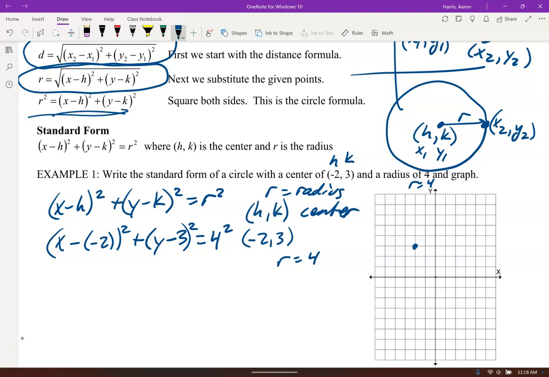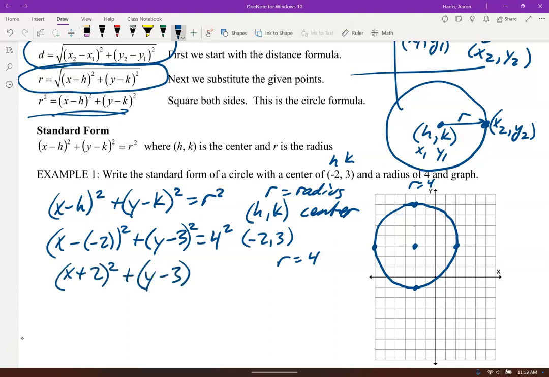So I'm going to go to the right, 1, 2, 3, 4. I'm going to go up from the center, 1, 2, 3, 4. I'm going to go left 4. I'm going to go down 4, and I'm going to try and draw a very terrible circle because I can't draw circles. So let's finish cleaning this standard form up.